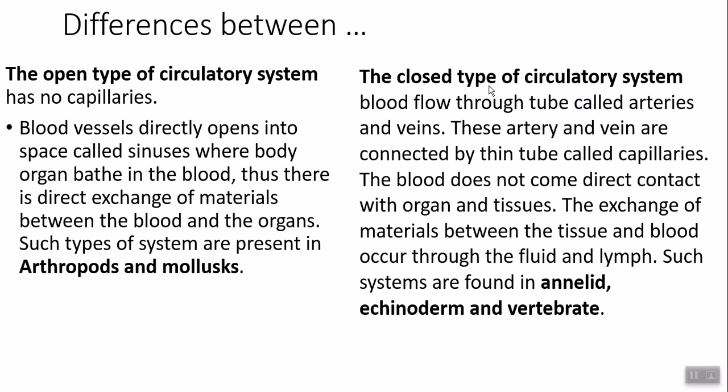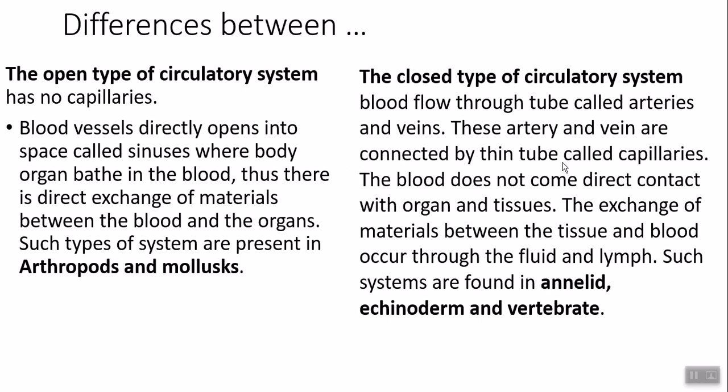Whereas if you look at the closed circulatory system, no blood oozes out of the blood vessels or blood capillaries. The blood in the closed circulatory system flows through tubes called arteries and veins.